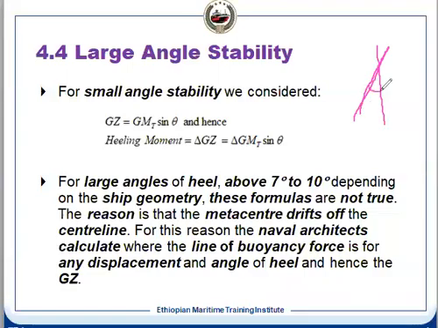Now this is theta, and we have G here, and this is M, and we draw a perpendicular, which is Z. GZ is the righting lever, and in terms of GM, GZ is equal to GM sine theta, because this is theta and this is 90 degrees.